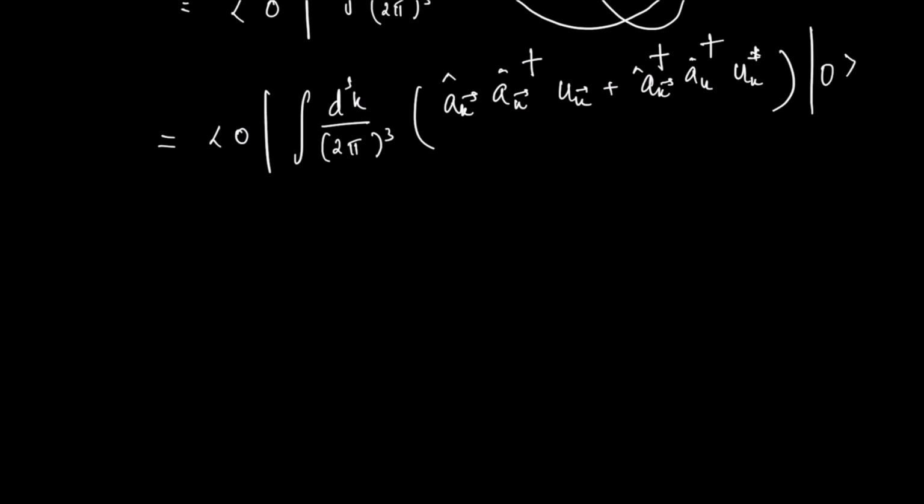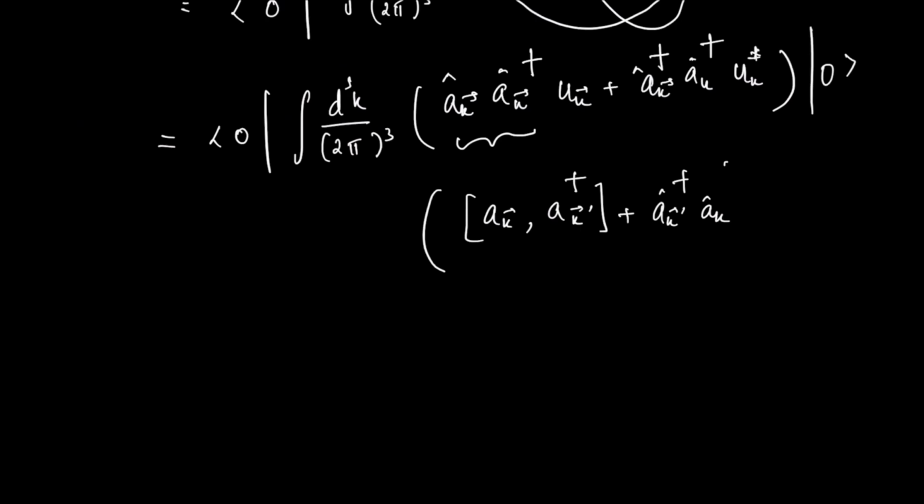Now ak ak prime dagger can be written as a commutator of ak and ak prime dagger plus ak prime dagger ak, right.